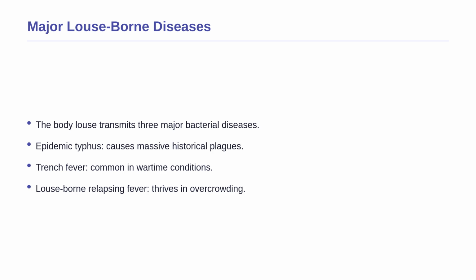The second is trench fever, notoriously common during the World Wars due to the horrific conditions in the trenches. Finally, there is louse-borne relapsing fever. All 3 of these diseases thrive in the exact same conditions that the body louse thrives in: overcrowding, poor sanitation, and the inability to maintain basic hygiene.